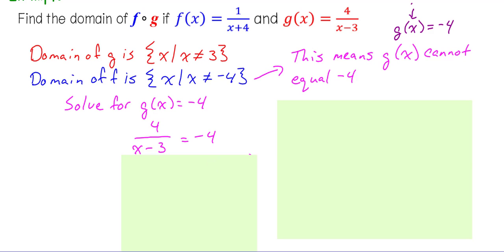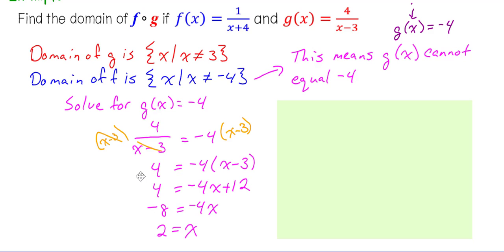And then we are going to multiply both sides by x minus 3 so that we can get rid of the bottom of our fraction. And then the rest is just figuring it out algebraically, and we end up with 2 equals x.